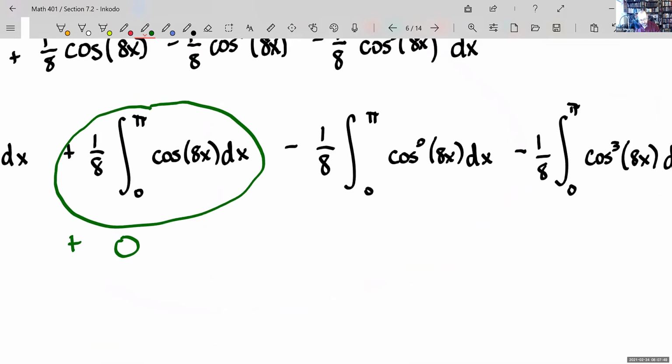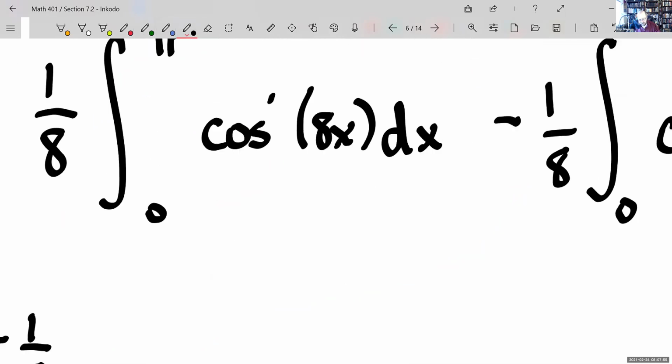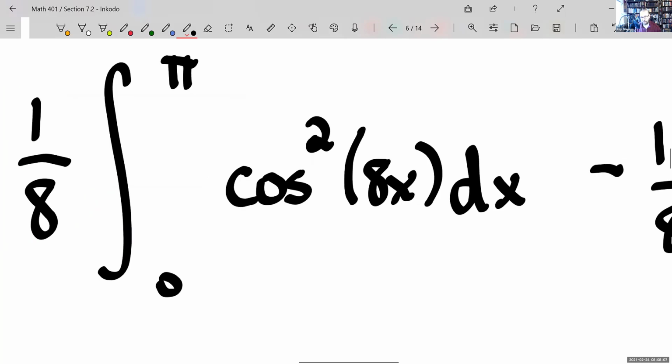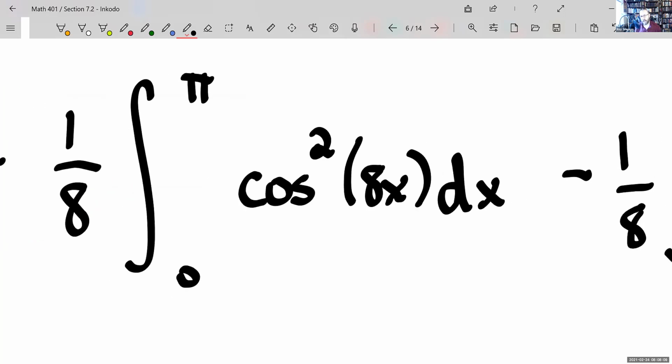Now, the rest of this, we still have a little bit of work to do. Not too much, though. Minus 1/8 the integral of cosine squared, it's supposed to be a square there. The integral of cosine squared. Well, you can't do a u substitution here. Notice the power's already even. If you did any type of u substitution, it would remove a power off that, and that would be bad.